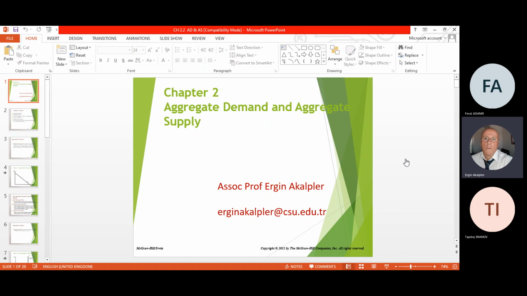Step by step, I'm going to build the model, and after this theoretical introduction and explanations, I will give you some applications regarding Keynesian economics, and then go to the Solow growth model.